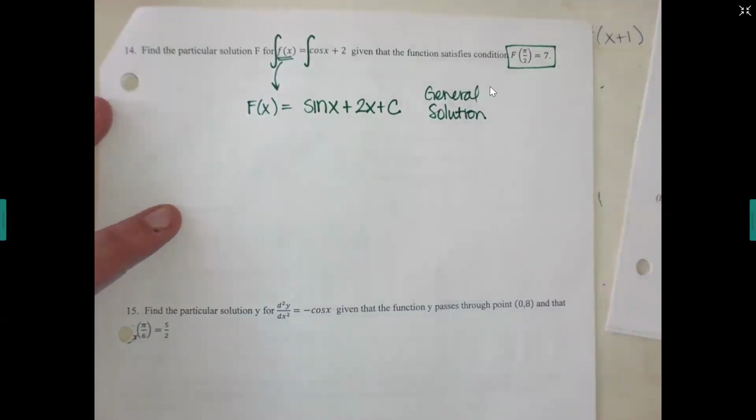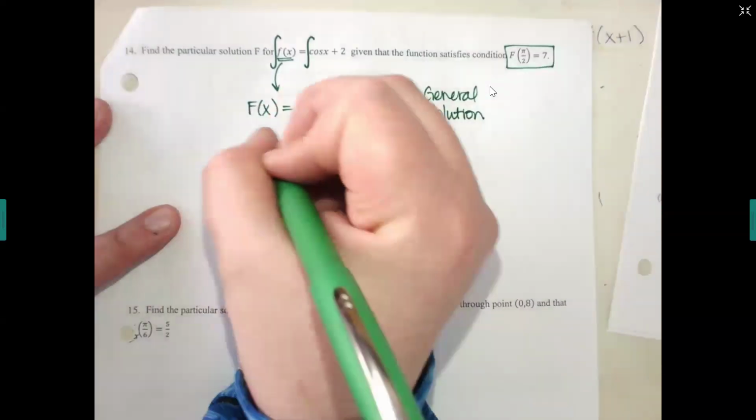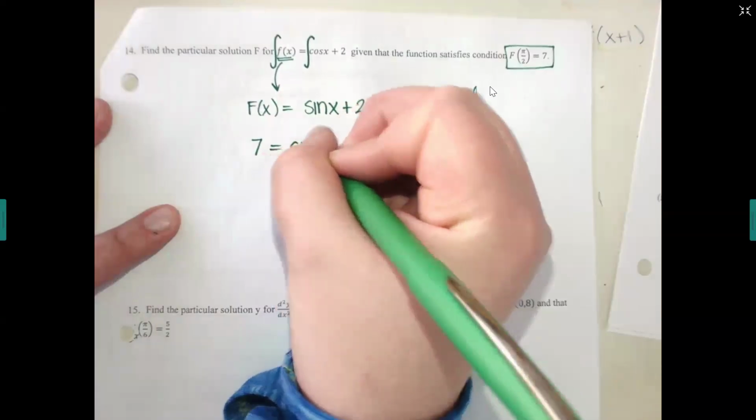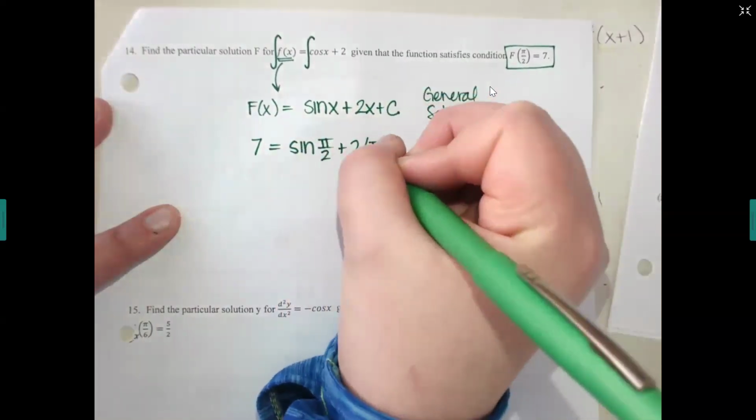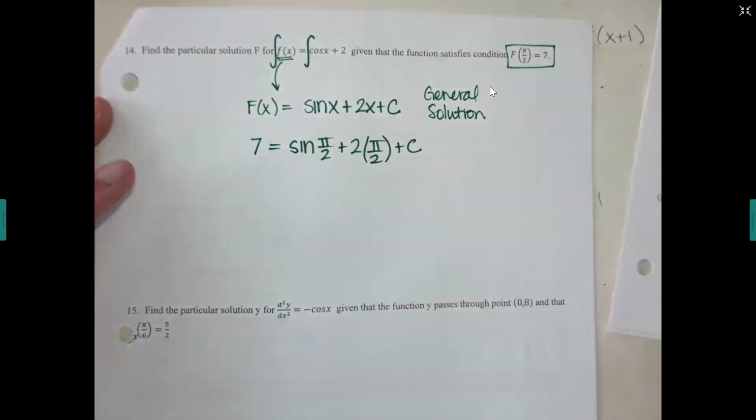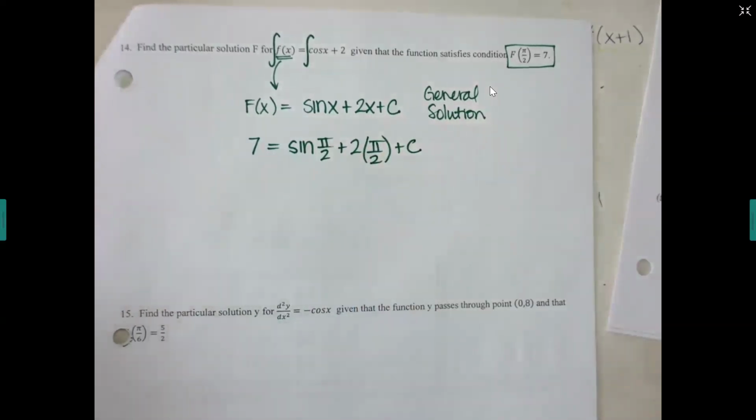So capital F of pi halves is 7. That means 7 equals sine pi halves plus 2 times pi halves plus C. Just make sure the number in parentheses is the one you put in the X spot. The equals number is what you put in the Y spot.